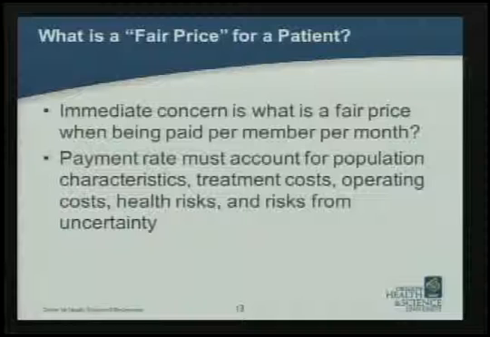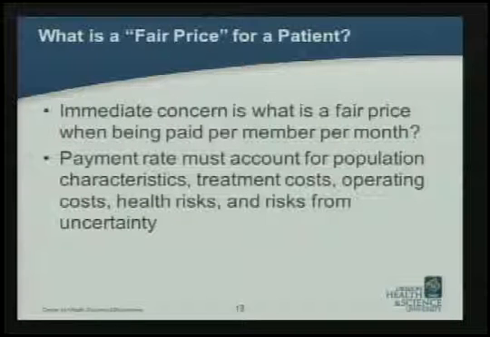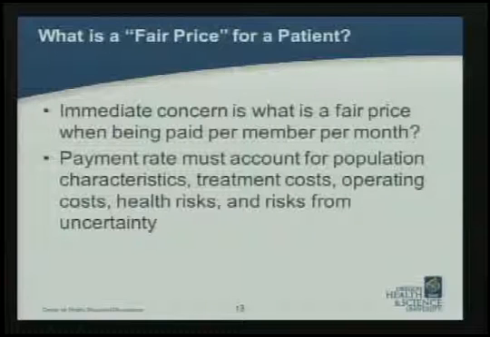But a thing you might ask yourself is, what is a fair price for some bundle of patients or some patient population, accounting for the potential healthcare risks and needs that they all might have?